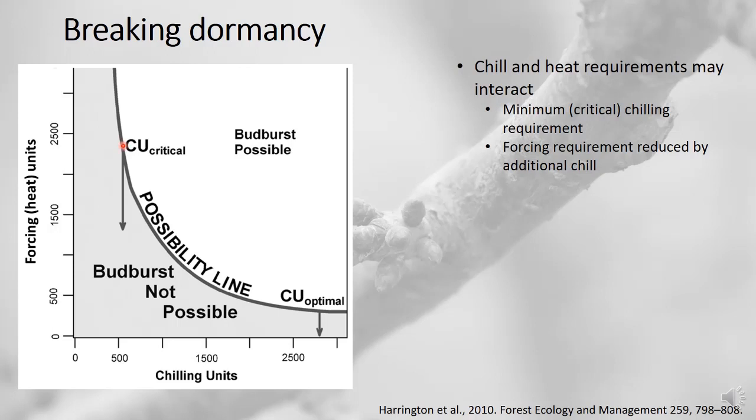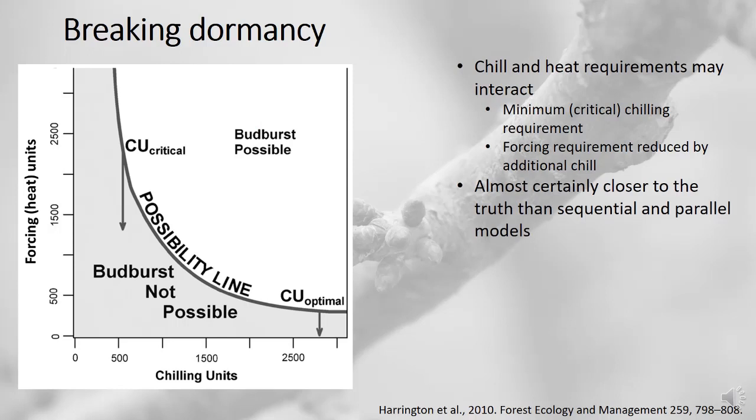This, however, is in this illustration the critical chilling requirement, below which we will not really easily see bud burst. Bud burst is not possible anywhere in this area here. It is possible when we've reached these possible combinations of chill and heat accumulation.